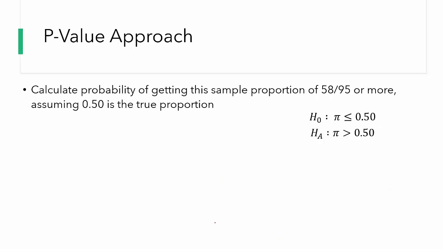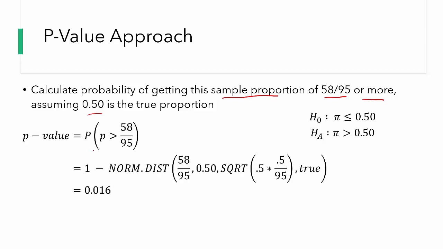We can also calculate this using the p-value approach. So we're going to calculate the probability of getting a sample proportion of 58 out of 95 or more, assuming that 50% is our true proportion. This is really just a norm dist calculation. We'll look for the probability that the sample proportion will be greater than 58 out of 95.